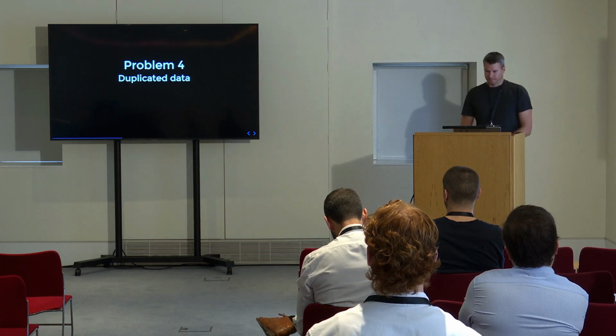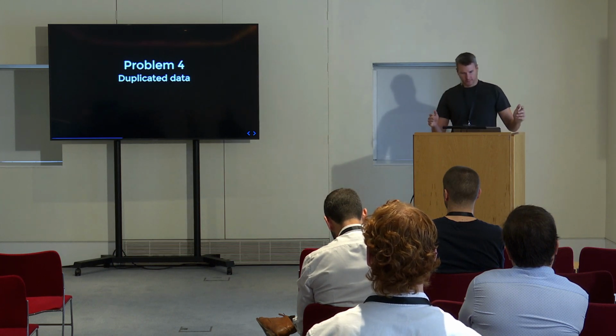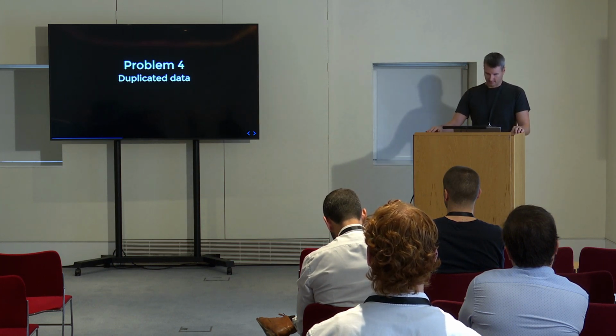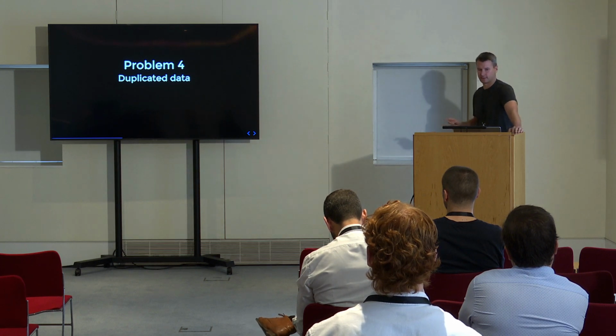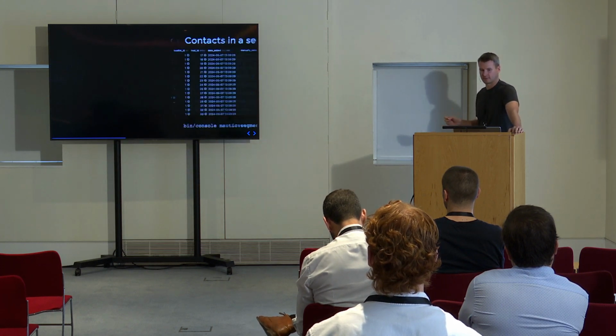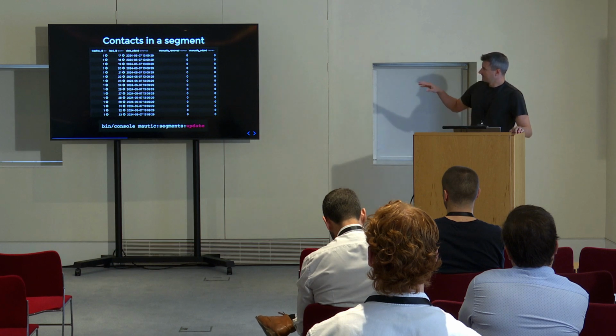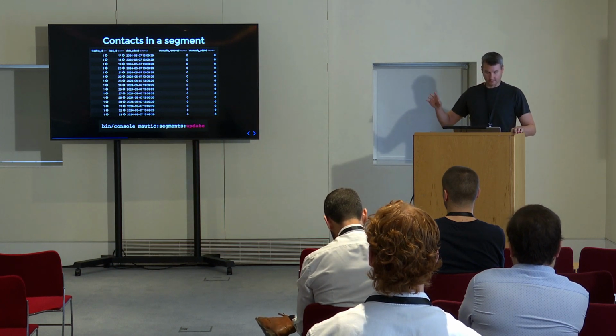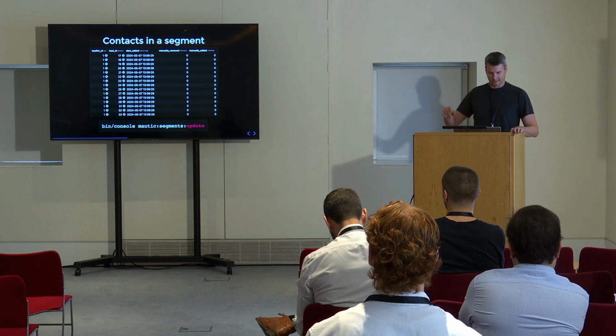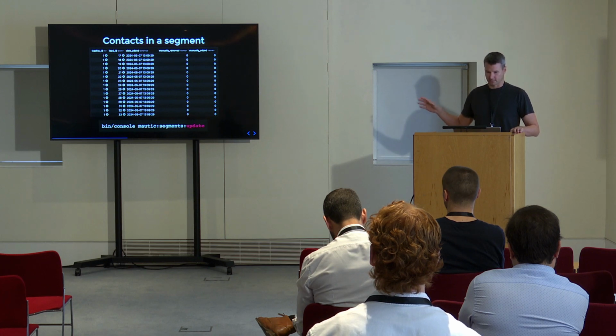And problem 4 is duplicated data. You're also paying for storage, and the larger the database is, the slower it is. So for example, take a look at this table, which is basically the segment membership. It has the lead ID, which is the contact ID, it has the lead list ID, which is the segment ID, when the contact was added to the segment, and whether it was removed manually or added manually.